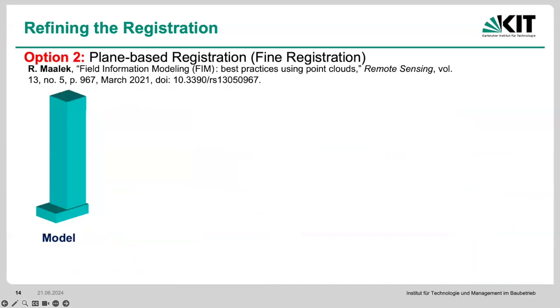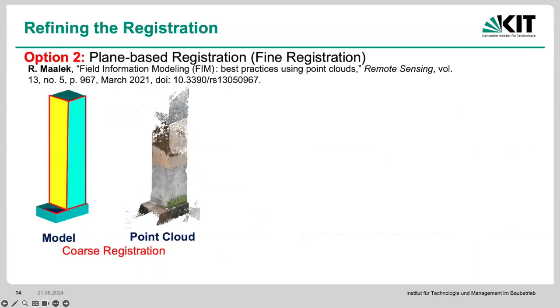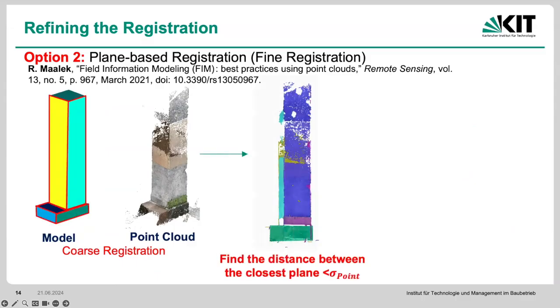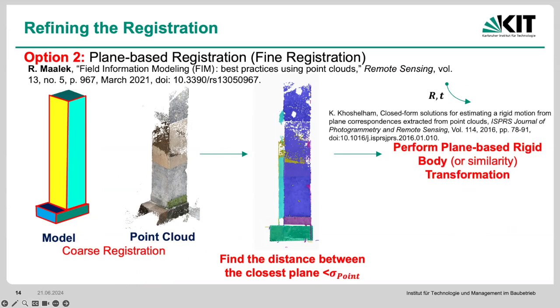The other one is a plane-based registration, which I talked about in my paper. And this way, as long as you have each and every one of the planes that are associated with each and every one of these surfaces, that would make it extremely easy for us to perform a plane-based registration between those points.